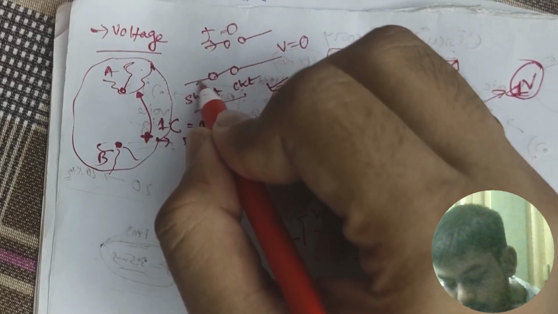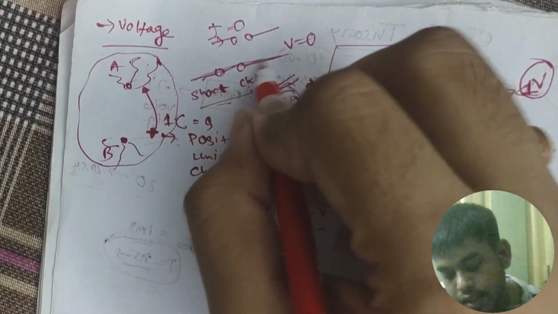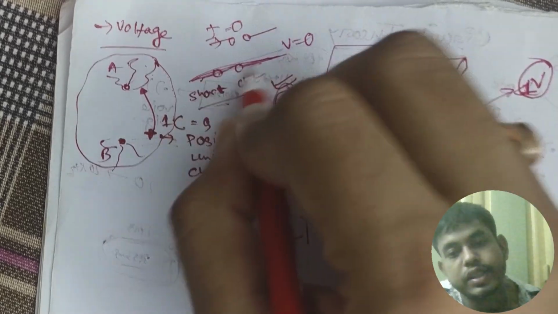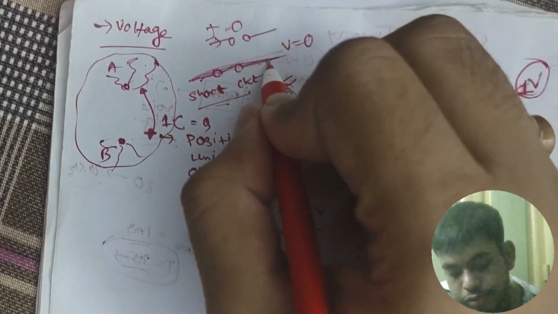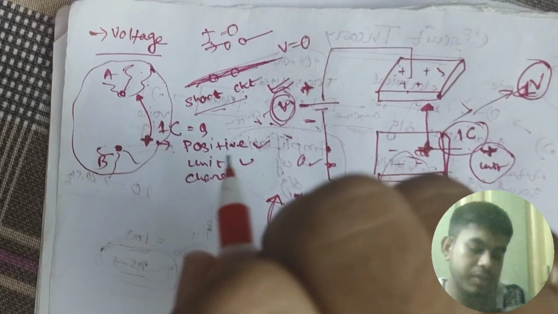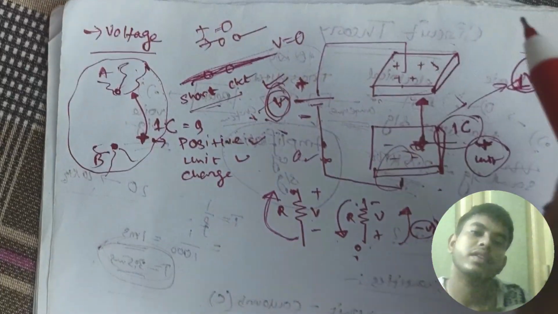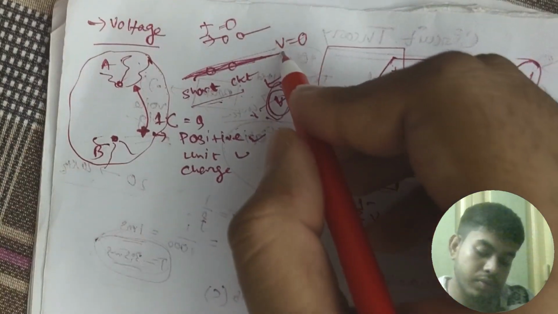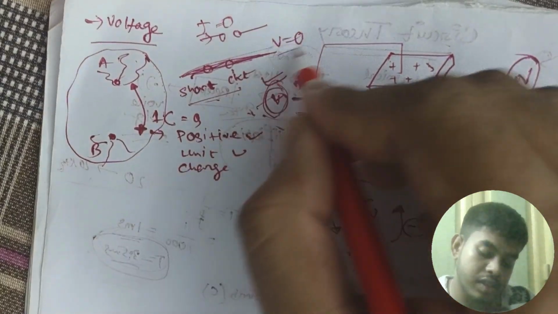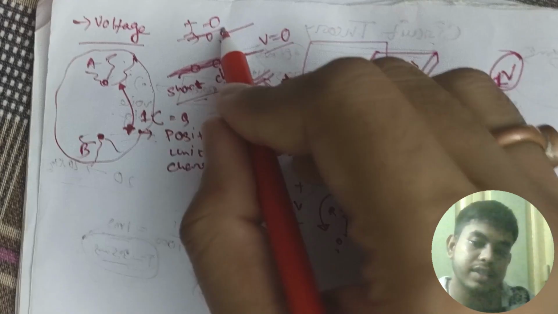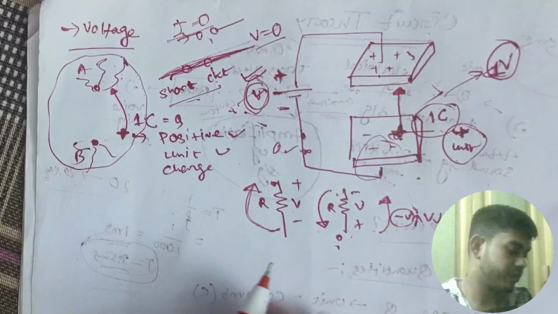In between these wires, no voltage is present. The charge can move freely from here to here. So short circuit defines voltage 0, and open circuit defines current 0.